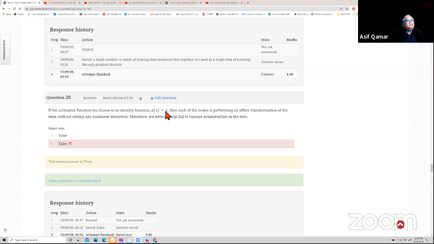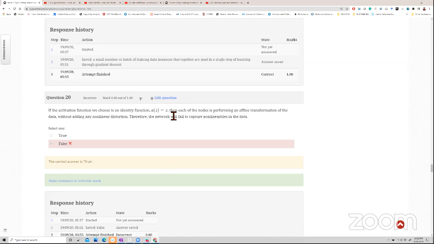By the way, I made a mistake, guys, so some of you will probably have taken the quiz with a mistake. I said the identity function means Z remains Z. As a mistake, I said if Z goes to 1, that would be a mapping to a trivial thing. That would collapse the input space to a point, namely 1. That would be wrong.